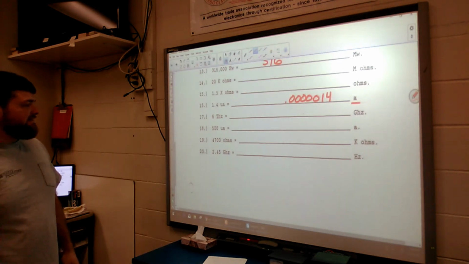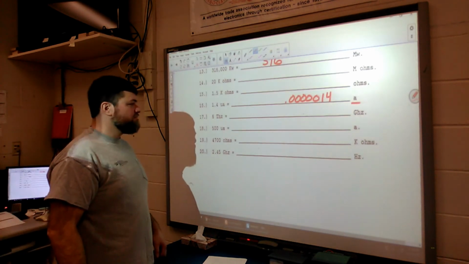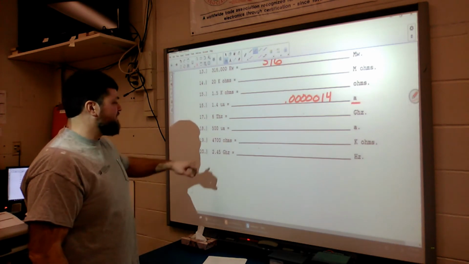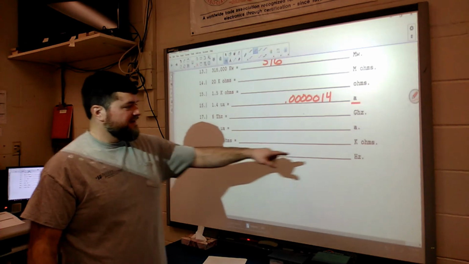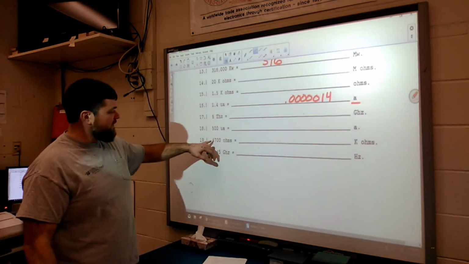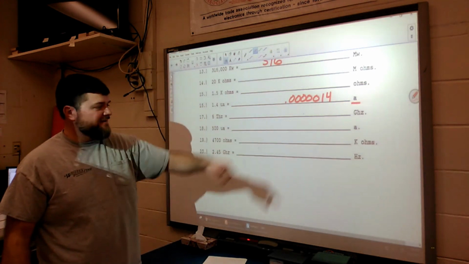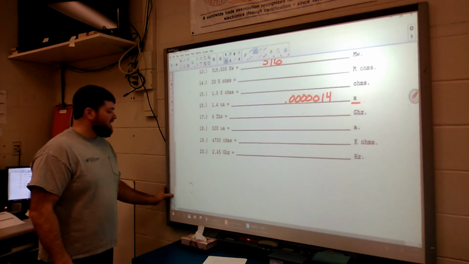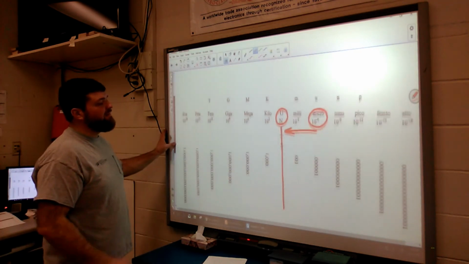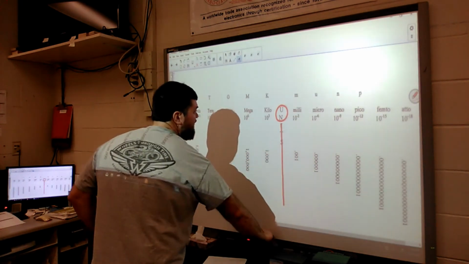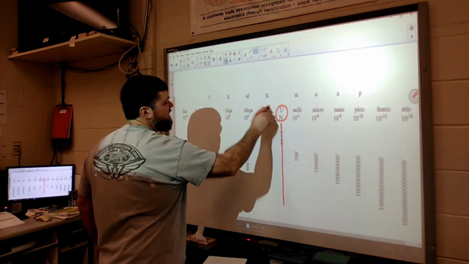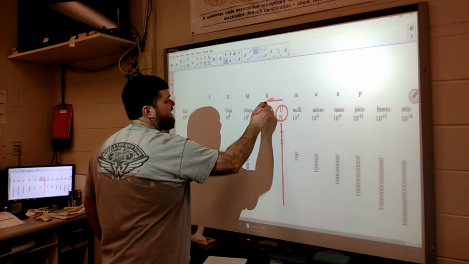Let's do one last one here. Let's use this one. It says ohms to kiloohms. So 4,700 ohms equals how many kiloohms? We're going to go from the baseline to kilo. So here's our baseline, here's kilo, and we're going to go in that direction.